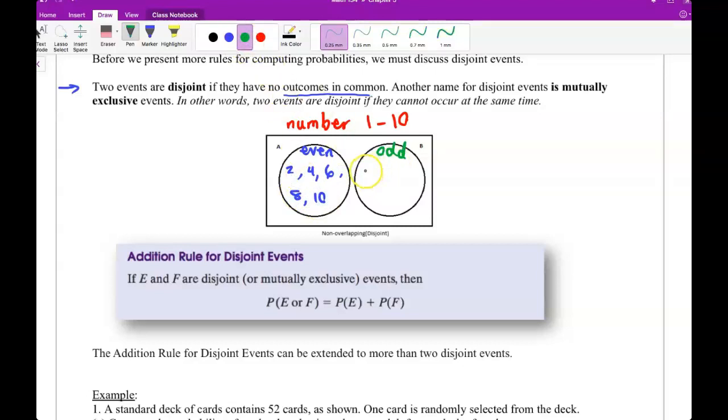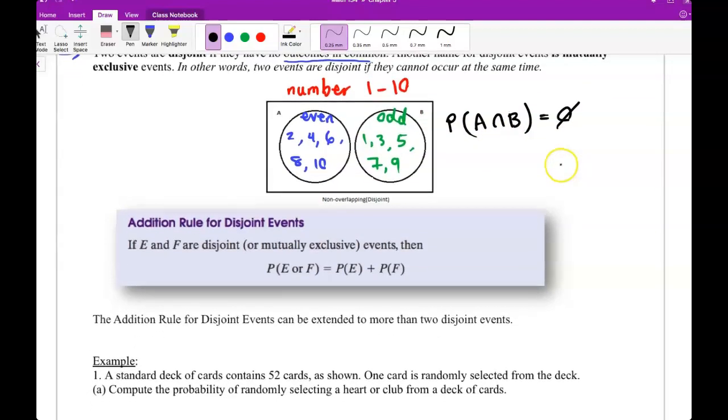And for odd, we have 1, 3, 5, 7, 9. As you can see, between A and B we have nothing in common. So we're going to show that with this: A intersection B is the empty set.